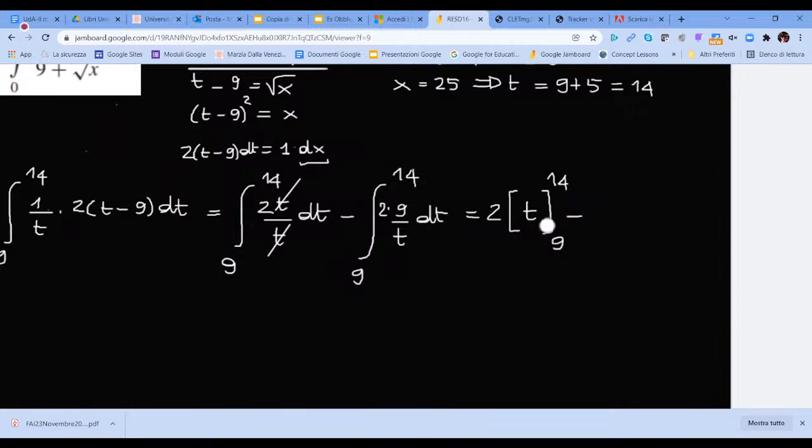This is the first one. The second one is 18 divided by t, as 18 times 1 over t, and we have again the logarithm of t. So minus 18, the natural logarithm of the absolute value of t, computed between 9 and 14.